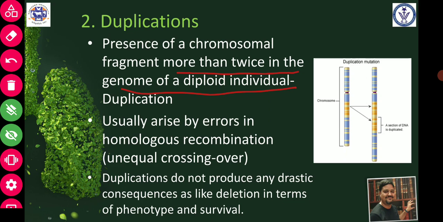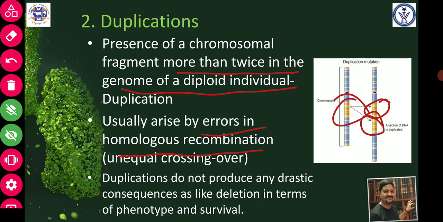It usually arises by error in homologous recombination. At the time of crossing over, we know there will be recombination where mutual exchange of segments of chromosomes takes place between non-sister chromatids of homologous chromosomes. But when there is no mutual exchange, here you can see this yellow portion is doubled. So there will be two copies of this yellow portion in the same chromosome.